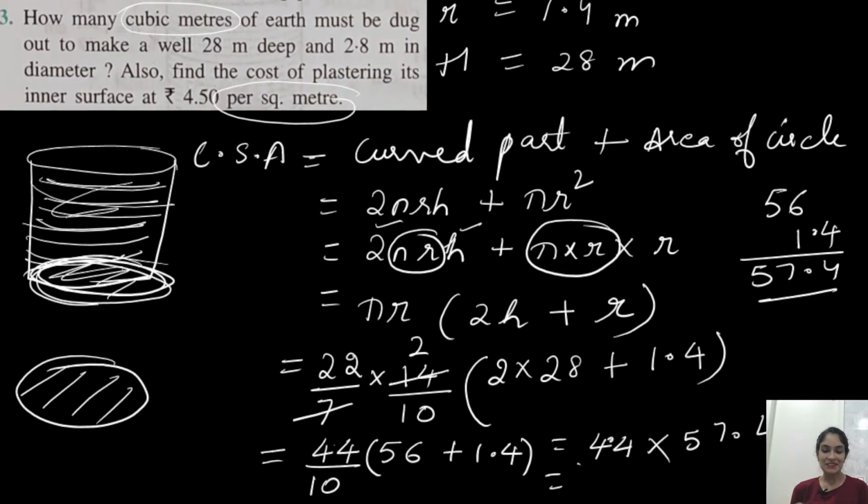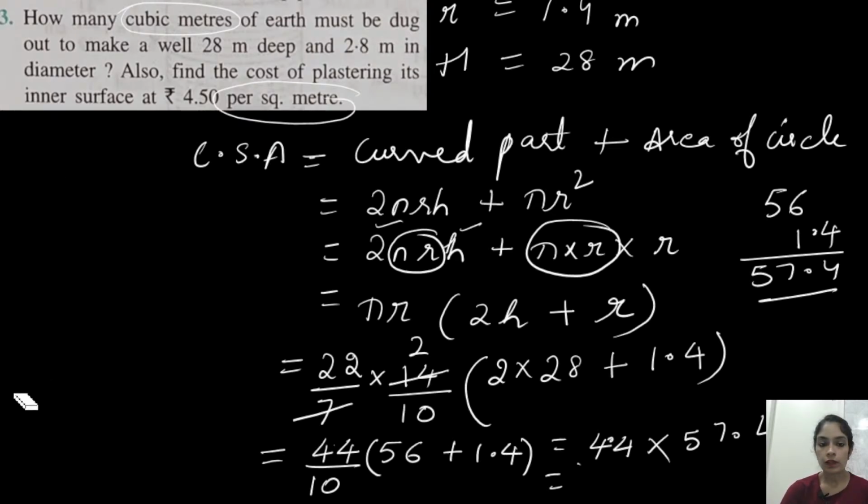See, everyone is giving me different answers. You have to multiply 4.4 into 57.4.